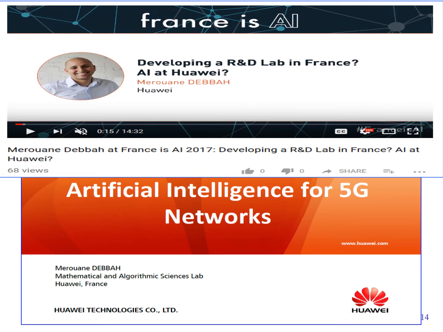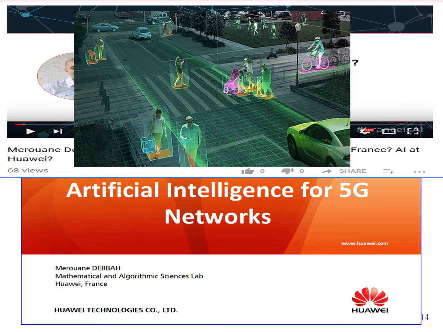Okay, these are just a few snapshots of some talks that were given in the 5G context. This is for self-driving vehicles and the ability to make sure that the autonomous vehicle is carrying out its navigation in a safe manner.